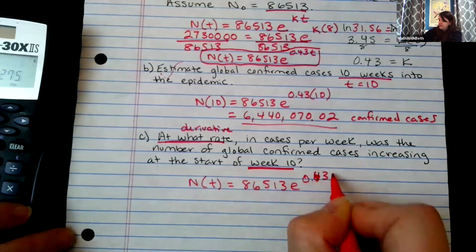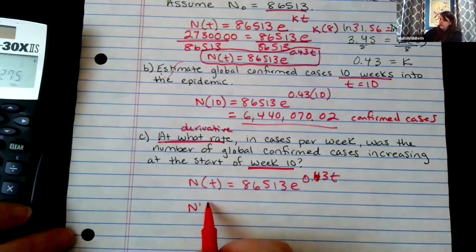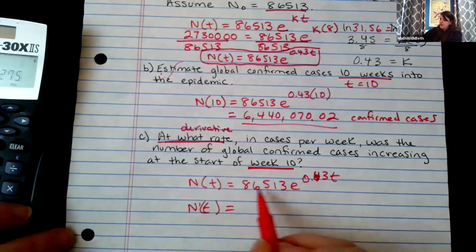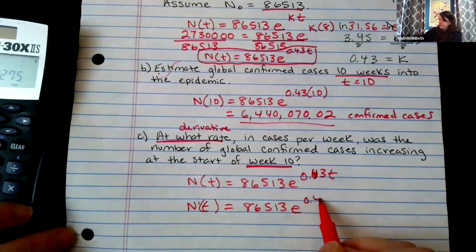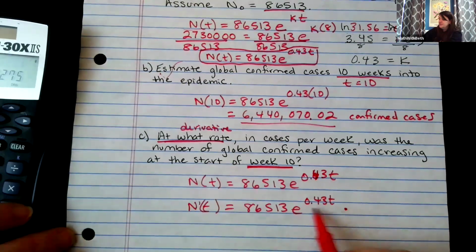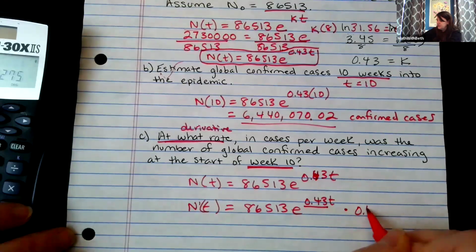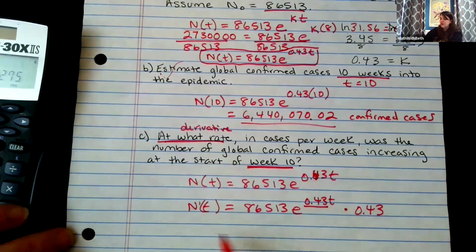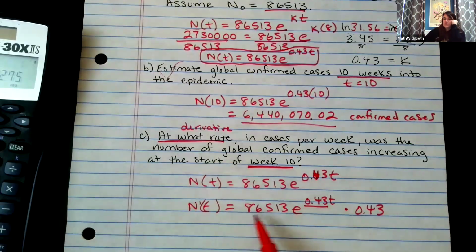That's 4,3. So the derivative would be all of this again, but then times the derivative of this, which is the 0.43. Or using our new equations, this is basically just K times f of x.